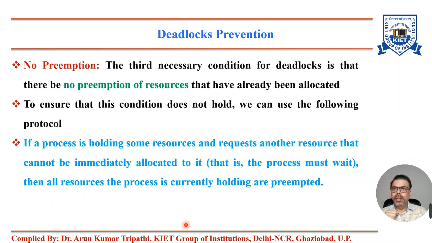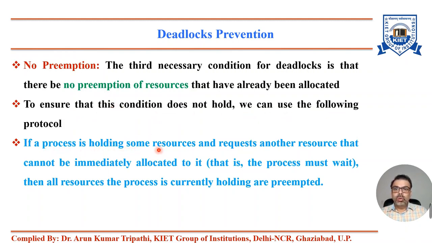No preemption. The third necessary condition for deadlock is no preemption. No one can take a resource away from any process. To ensure this condition does not hold, we can use the following protocol.